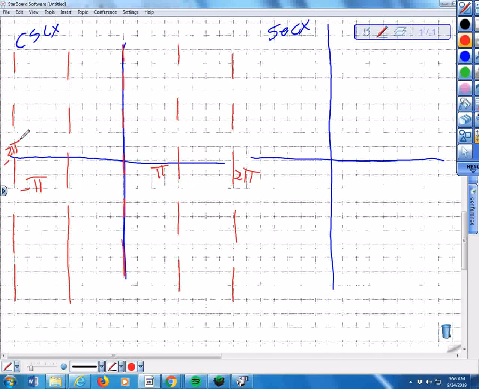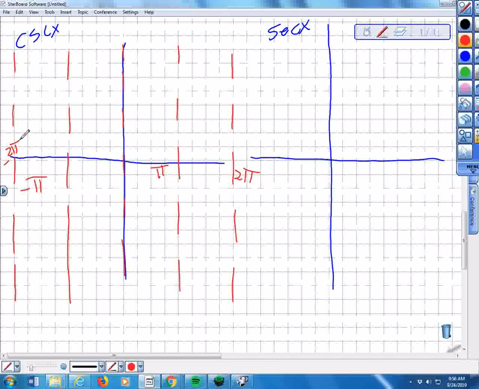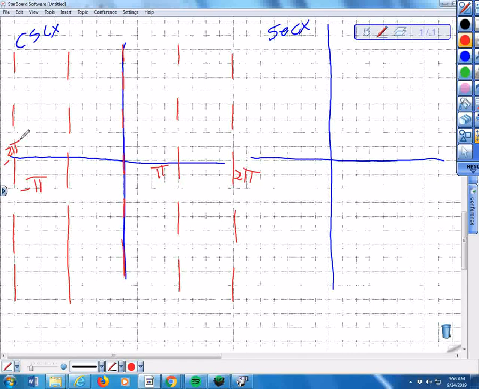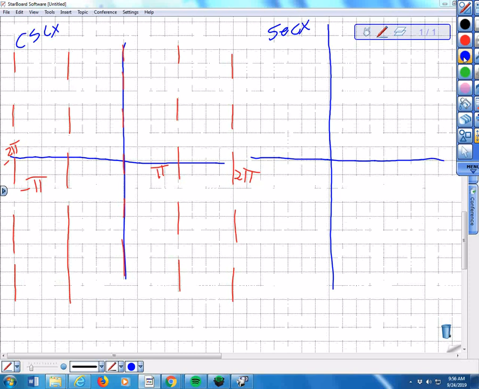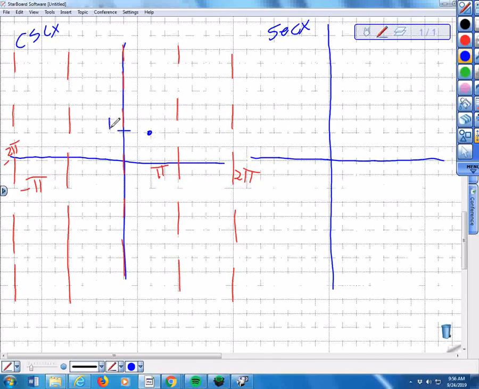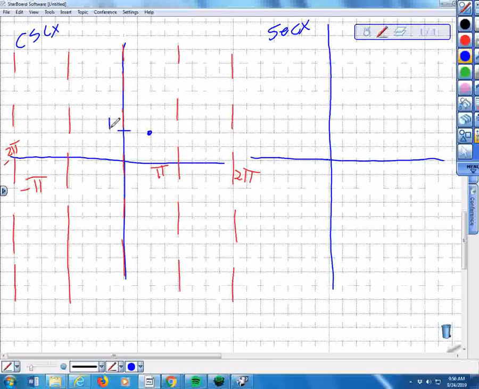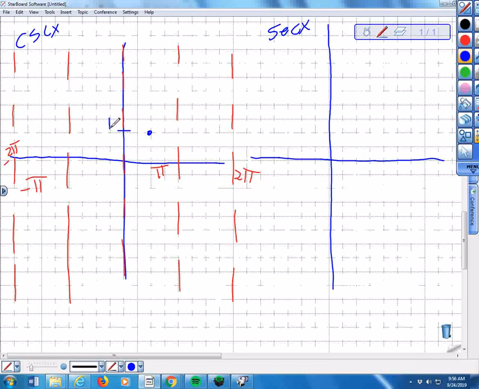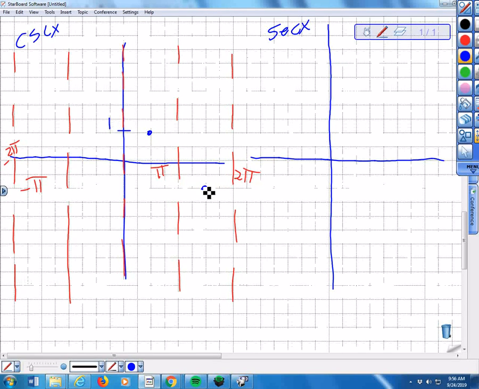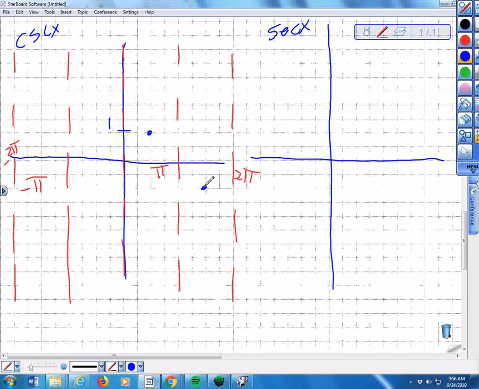Pi over 2, yeah. 3 pi over 2, right? So at pi over 2, it's 1. At 3 pi over 2, what is it? Negative 1. And at negative pi over 2, it's negative 1.